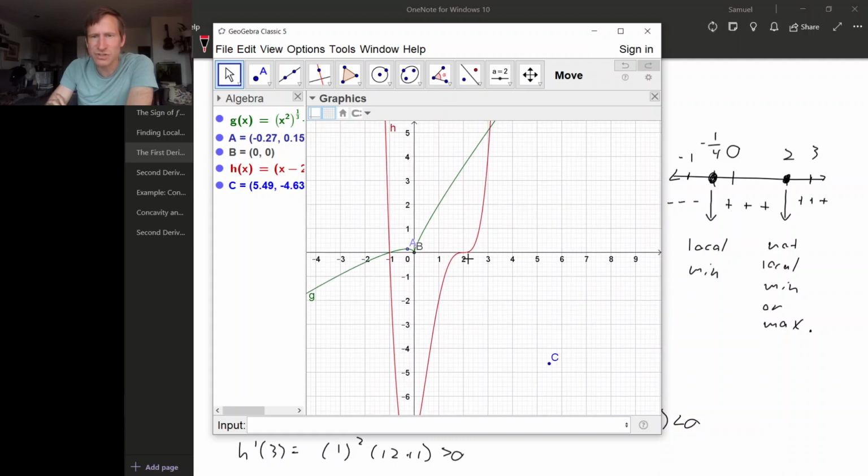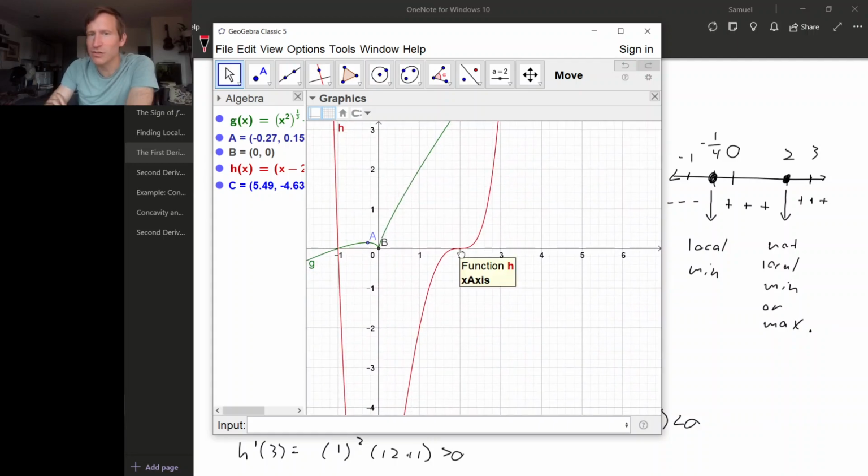But at x equals 2, here's this critical number that isn't a local minimum or a local maximum. And you can see now why it isn't. It's because as we pass through x equals 2, the function is increasing the whole time. It sort of pauses temporarily just for a moment at x equals 2. It levels out just for an instant, but then it continues increasing. It does not turn around and come back down.